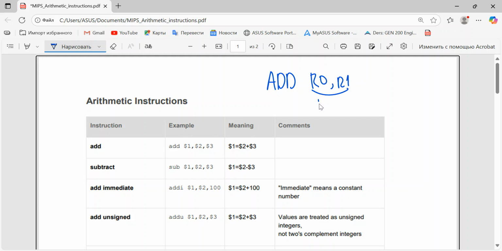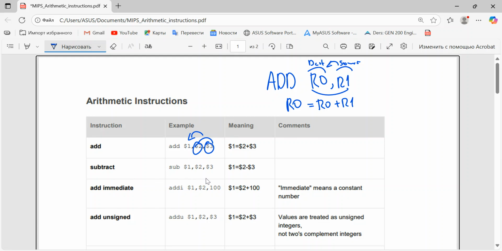We just add them together and store the value into the destination register. This one is dest. This one is source. So what about here? We add register $2, register $3, and store the value into the $1.